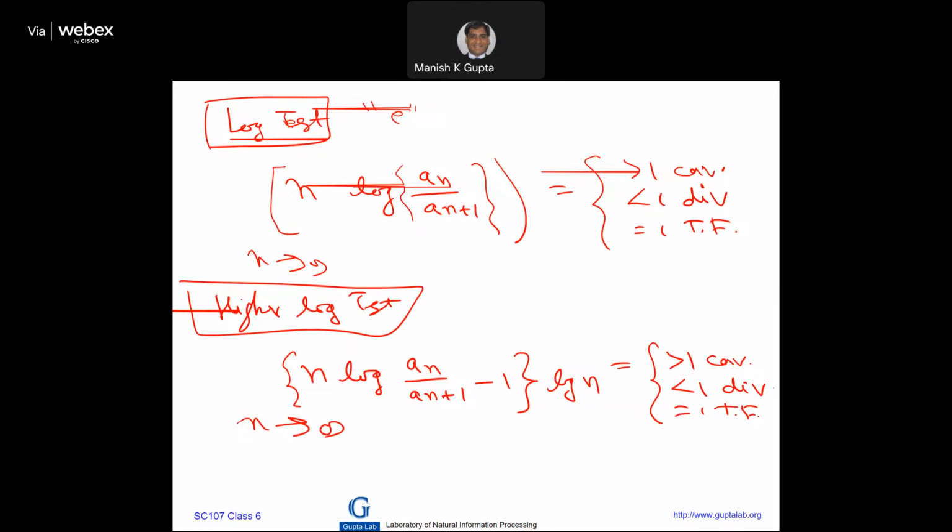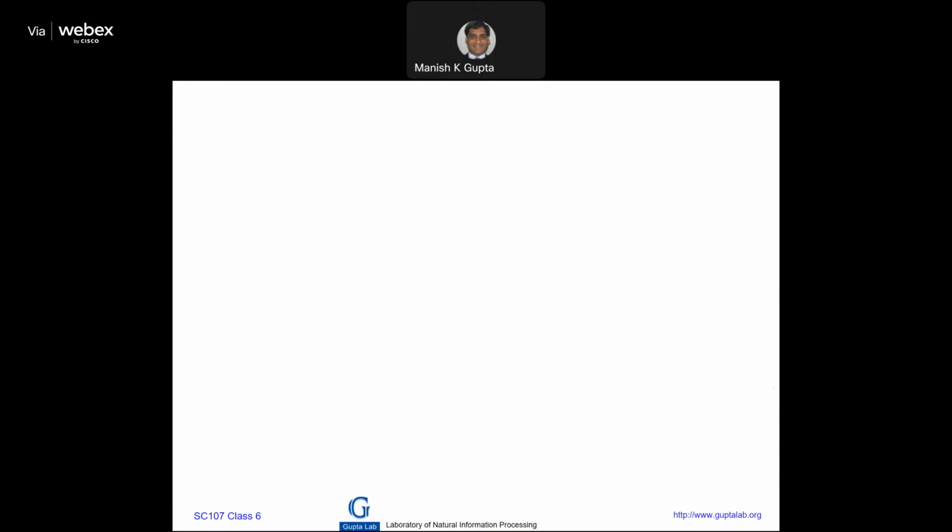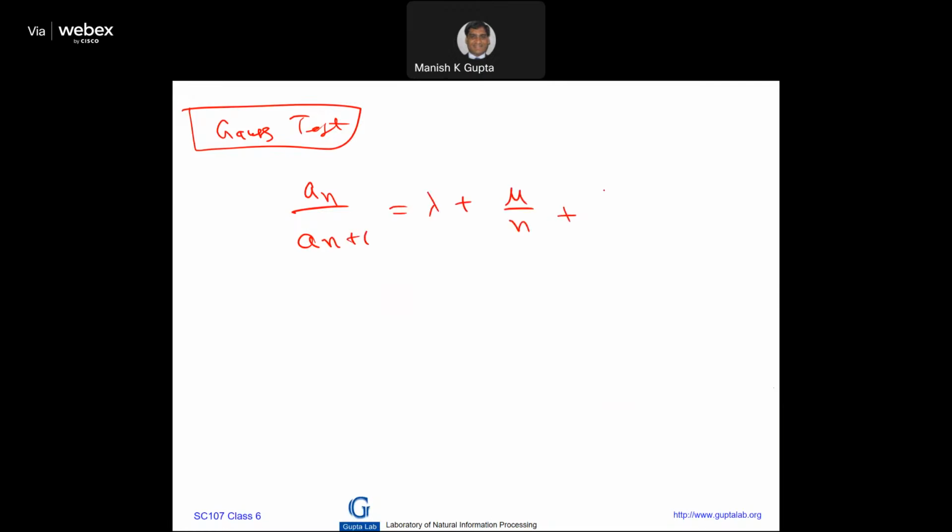Maybe I should just briefly mention the Gauss test without actually doing anything. a_n divided by a_(n+1) is equal to lambda plus mu by n plus theta_n divided by n raised to power 1 plus epsilon. इसमें कितने लोग इसको समझ पाएंगे? That is also a beautiful thing, right?